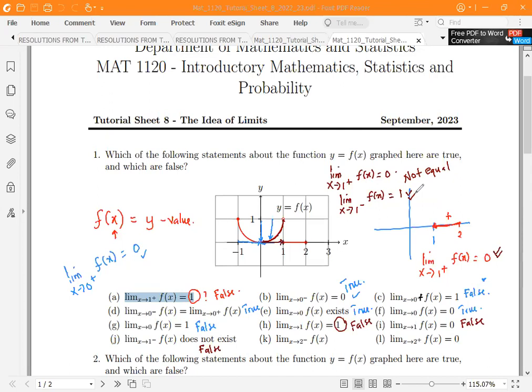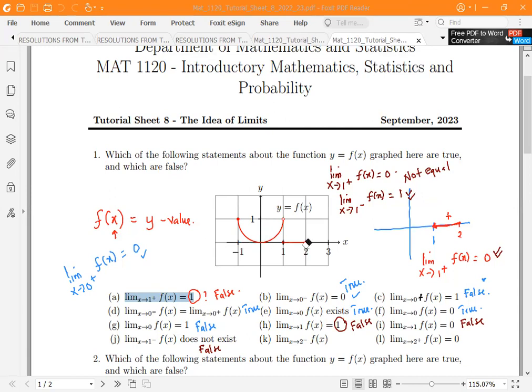Even as I come from the left, it's at 1, but the y value is still 1. How are you getting the zeros from the right, coming towards 1 as the x value?